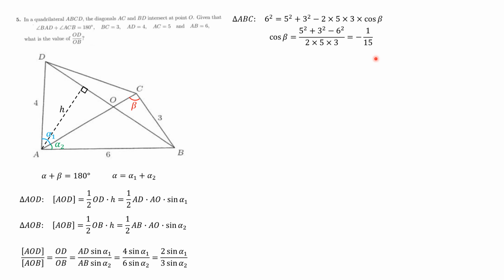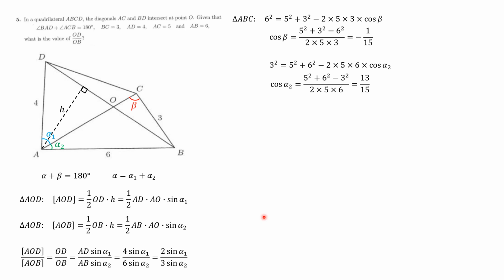I'm going to continue looking at this triangle and write down the law of cosines for this angle. The side length that's opposite to it is 3, so 3 squared has to be equal to 5 squared plus 6 squared minus 2 times 5 times 6 times the cosine of this angle, alpha 2. And from here I can find cosine alpha 2 to be 13 over 15.